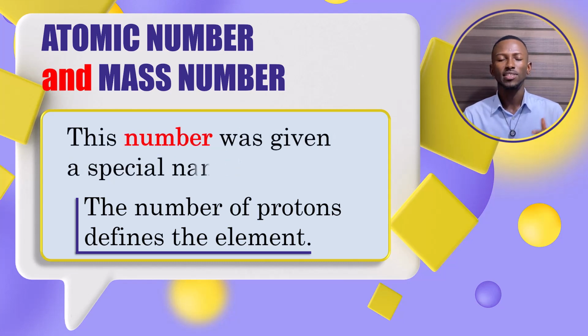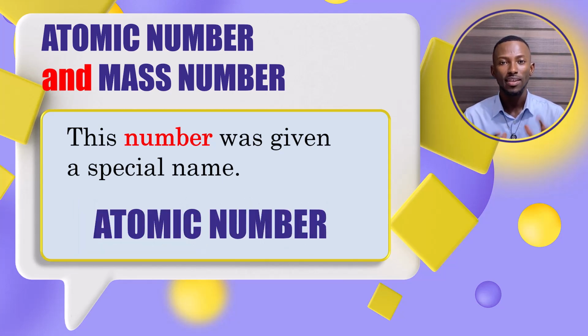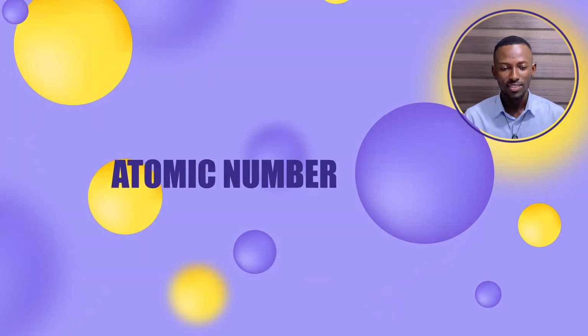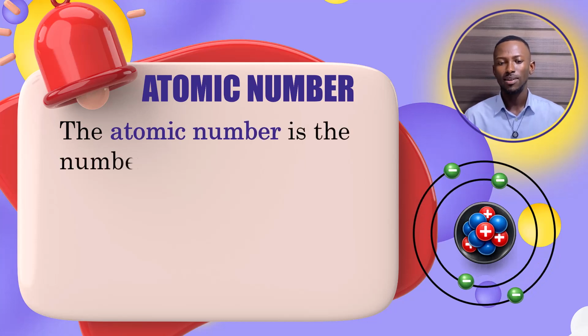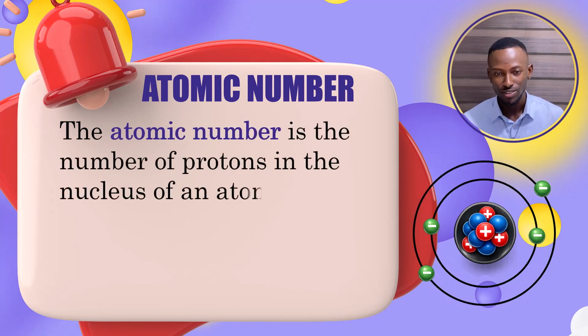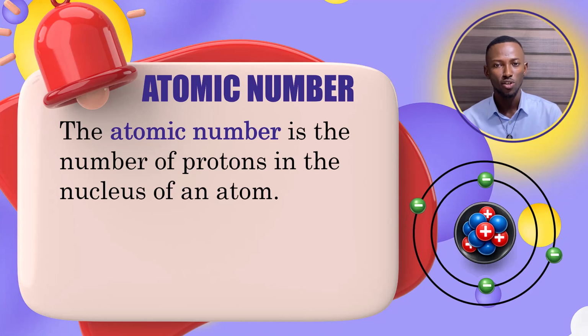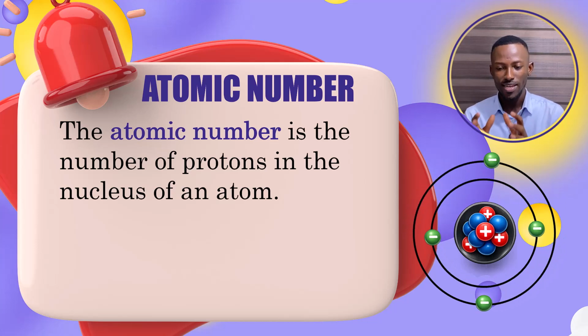So this number was given a special name, and that name is atomic number. So what is atomic number? Well, atomic number simply refers to the number of protons that are found in the nucleus of an atom. So if you pick an atom, the number of protons in there is the atomic number.